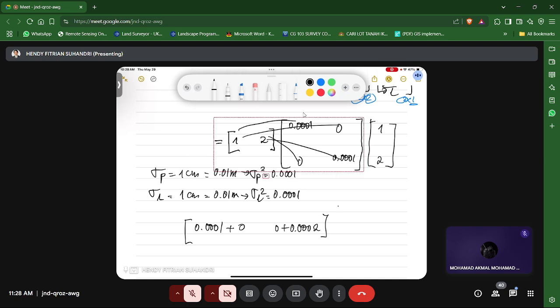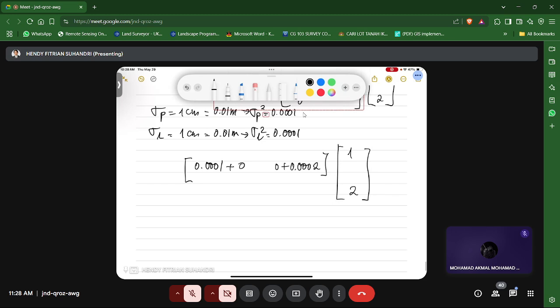Now we have the 1 and 2. What do we have here?